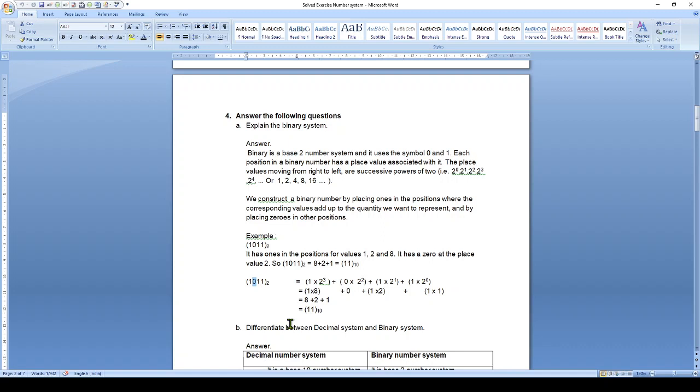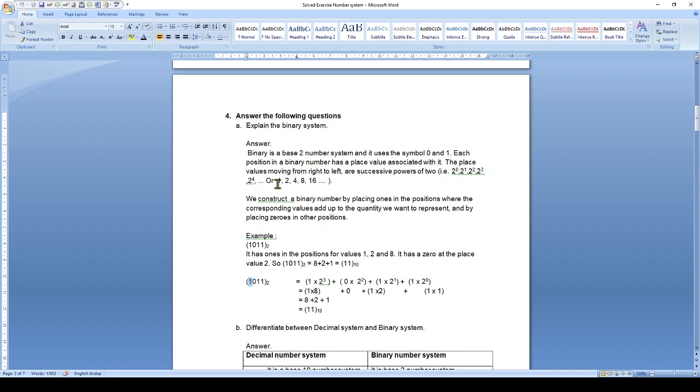So 2 to the power 2, there is a 0. Next, there is a 1, 2 to the power 3. This one is at the place value 2 to the power 3. Right? So in this way, it is counted 2 to the power 0, 2 to the power 1, 2 to the power 2, 2 to the power 3, 2 to the power 4, and so on.